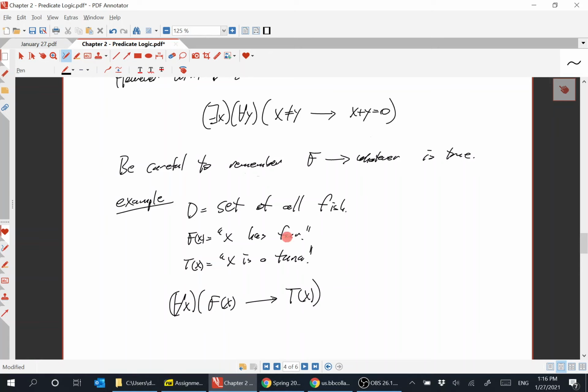For all x, x has fur. That's always false. I mean, for all x, x doesn't have fur. So for any fish you pick in the domain, f of x is false. So for every x you pick in the domain, the implication is what? True. Yeah. The statement is true. Don't forget about the vacuous statement. It's important.